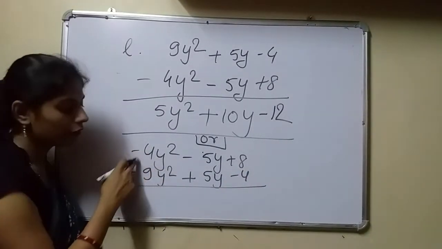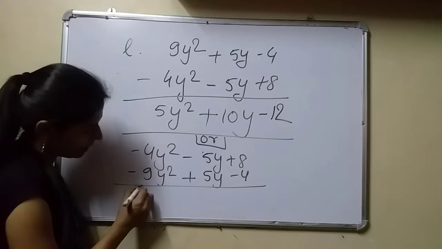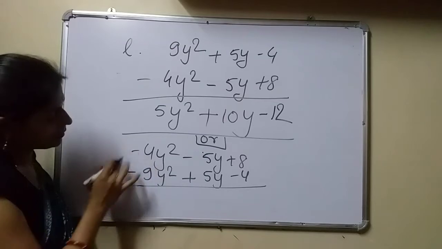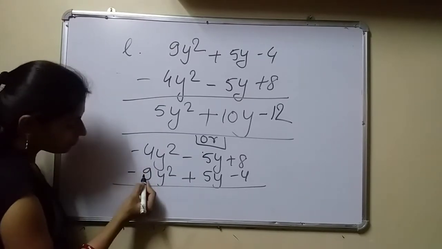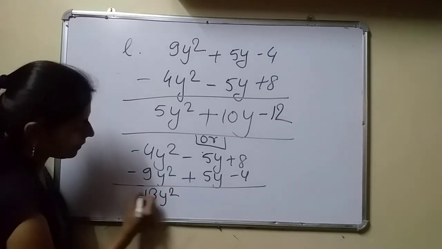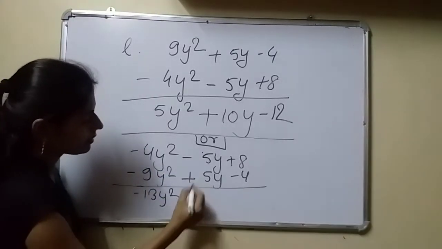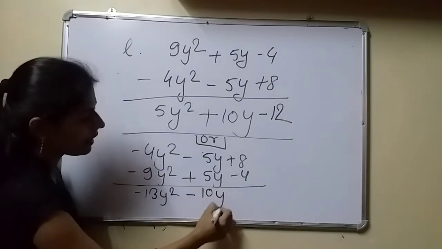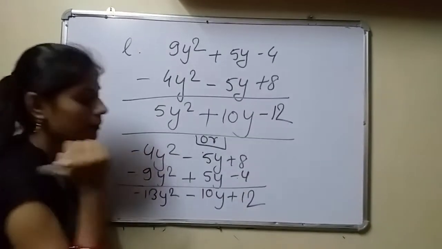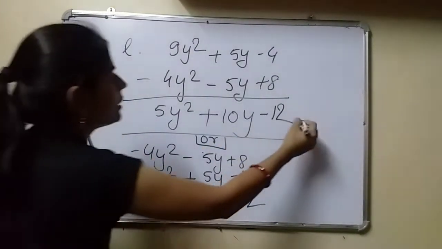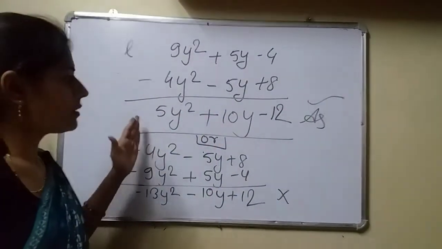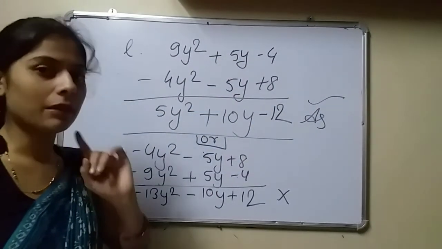Now see, when you are subtracting 4 minus 9, you will get the answer in minus, minus 5y square, minus minus plus will become plus... minus 10y, minus minus plus minus 12 will become plus 12. Now see, this is your correct answer, this is your wrong answer, so don't interchange, just directly solve this question number L.